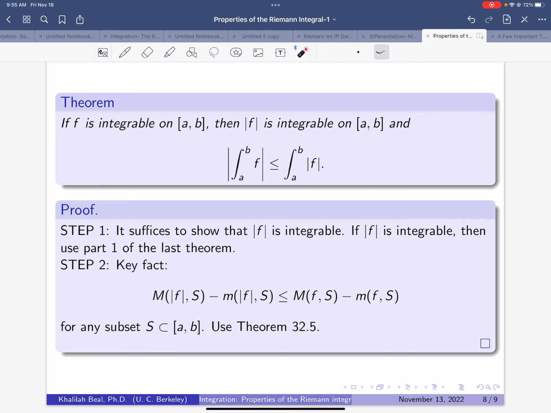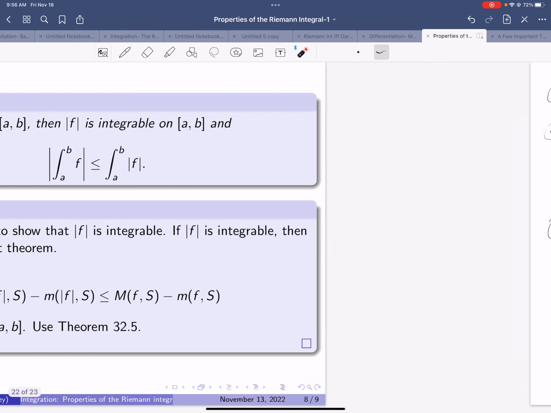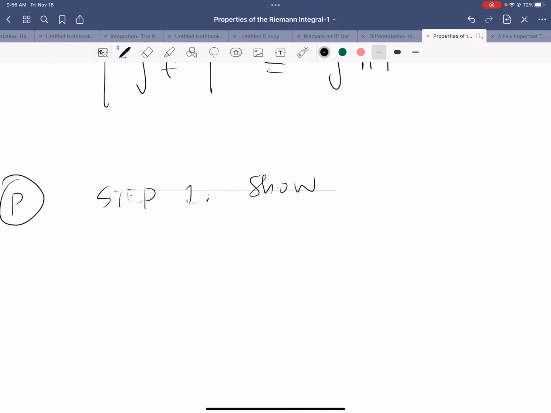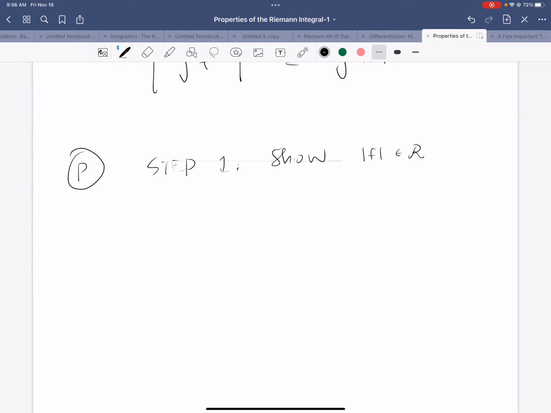First, the first thing we want to do is show that the absolute value of f is integrable. Now, let's see here, step 1, show that the absolute value of f is integrable.